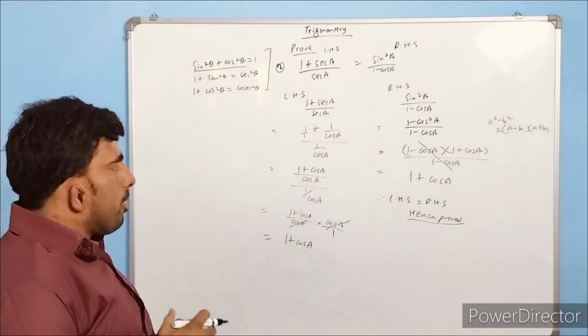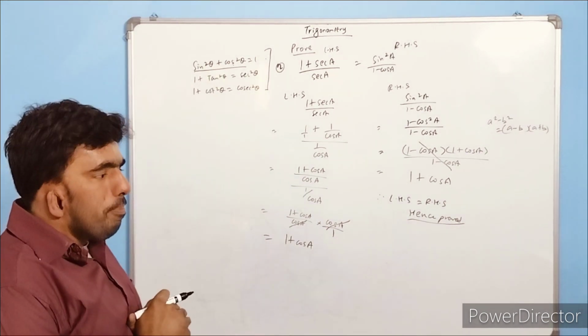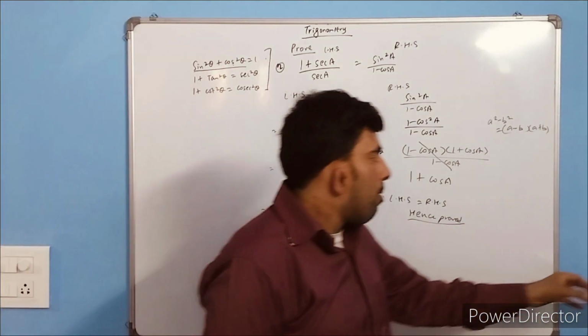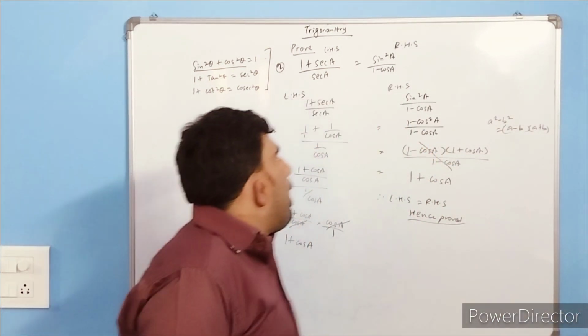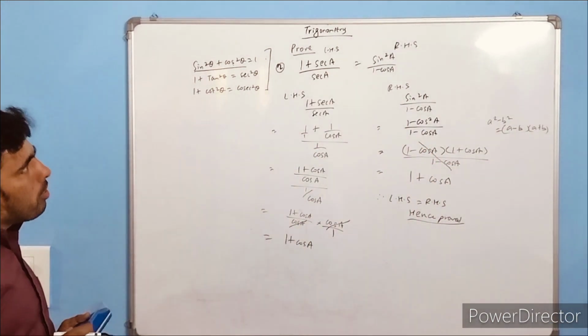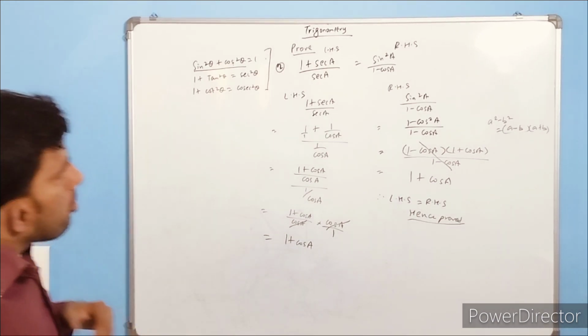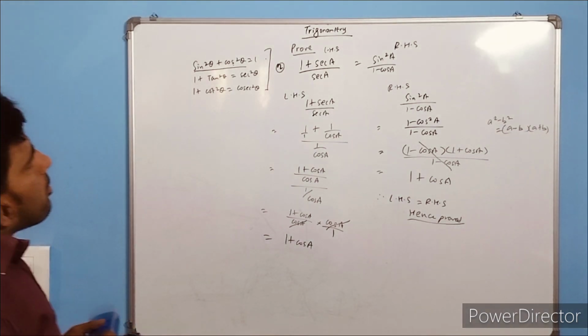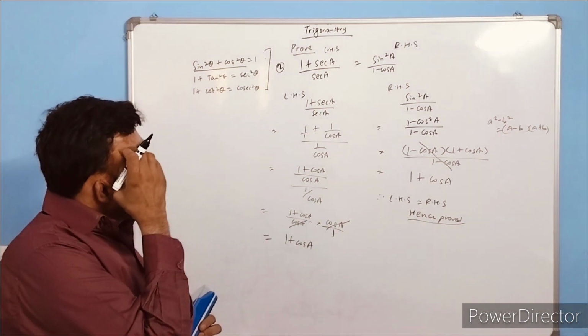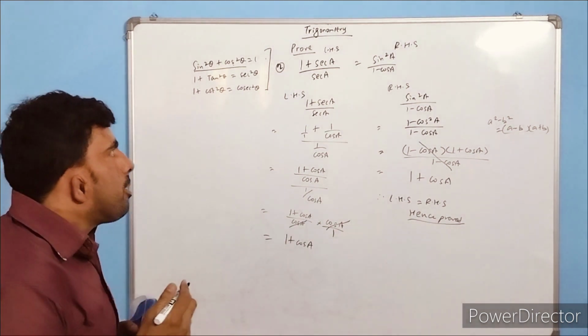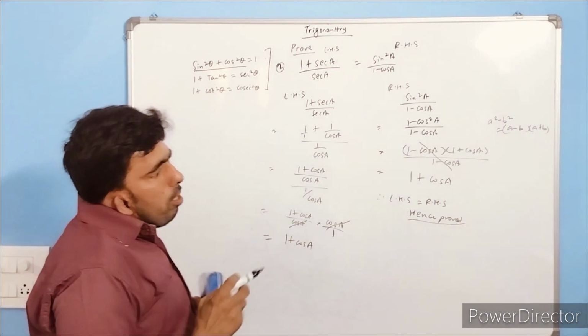I hope it is clear to all of you and you are able to connect with me. That is how these identities are used in the numericals, how the numerical is asked to solve. So these are the type of questions we are doing. So we have done 3 numericals. Now we'll move to the 4th numerical.